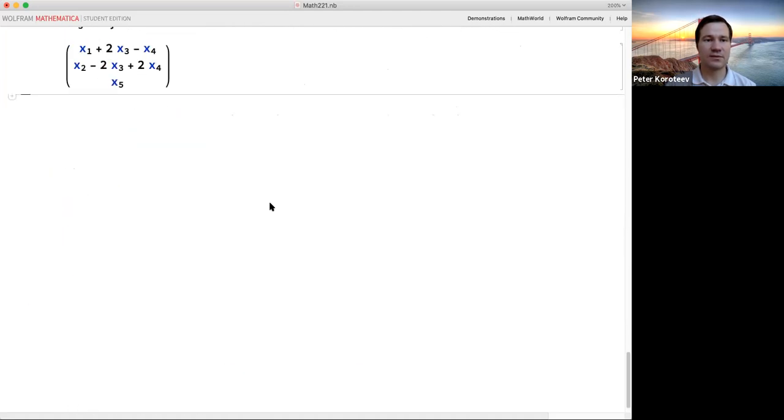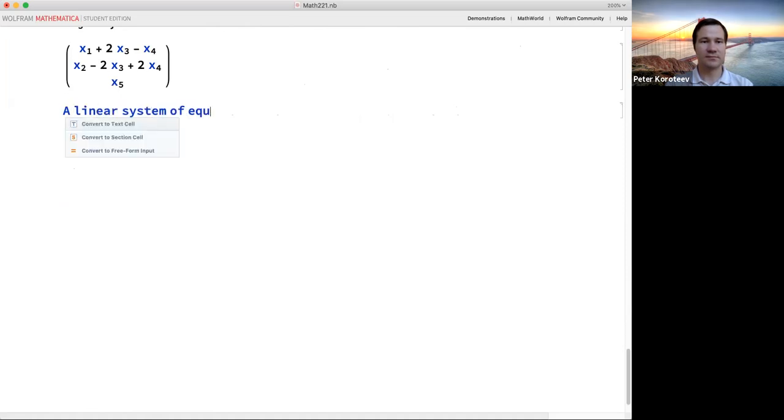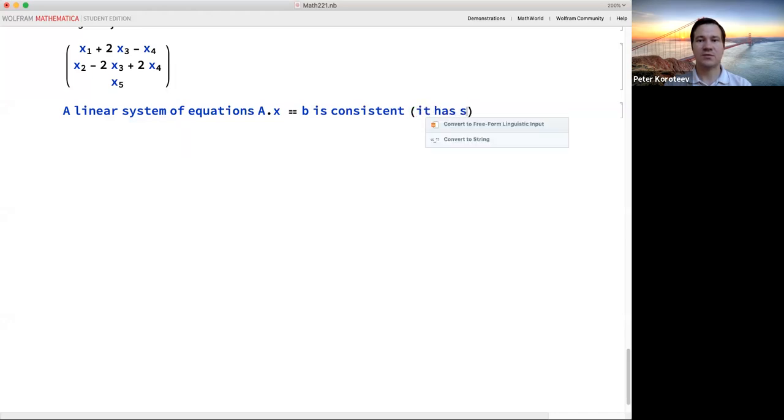So we can look at it here. A linear system of equations of the form Ax equals b is consistent, meaning that it has at least one solution. It has solutions, one or infinitely many. In this case, infinitely many.